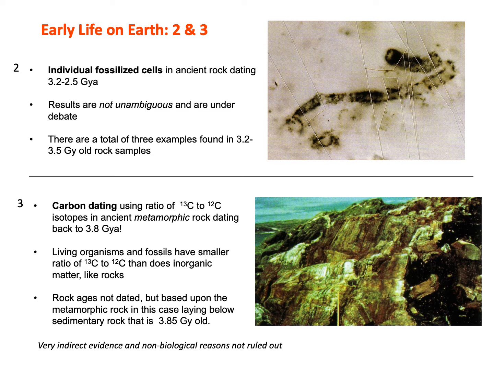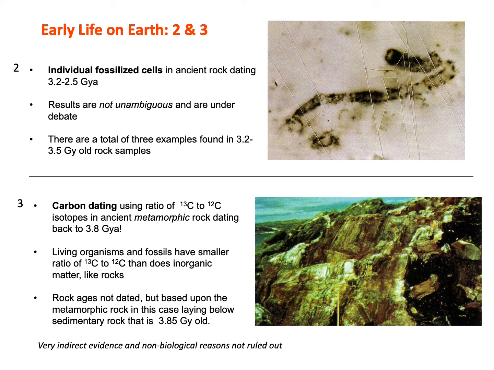And so there are regions of metamorphic rock that definitely show the carbon-13 to carbon-12 ratio that is suggestive that a living organism was squished and metamorphosed into the rock and was deposited there.